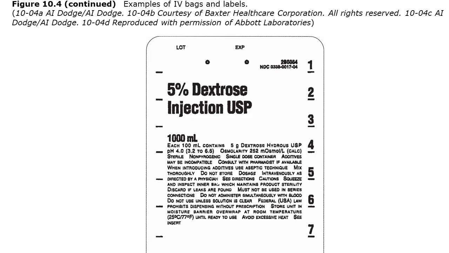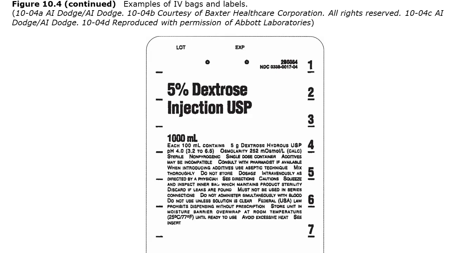Most solutions generally contain dextrose, saline, or electrolytes. When we talk about D5 in water, as demonstrated by this PowerPoint slide, what that says is it's 5% dextrose with 5 grams of dextrose dissolved in water to make each 100 milliliters of the solution.